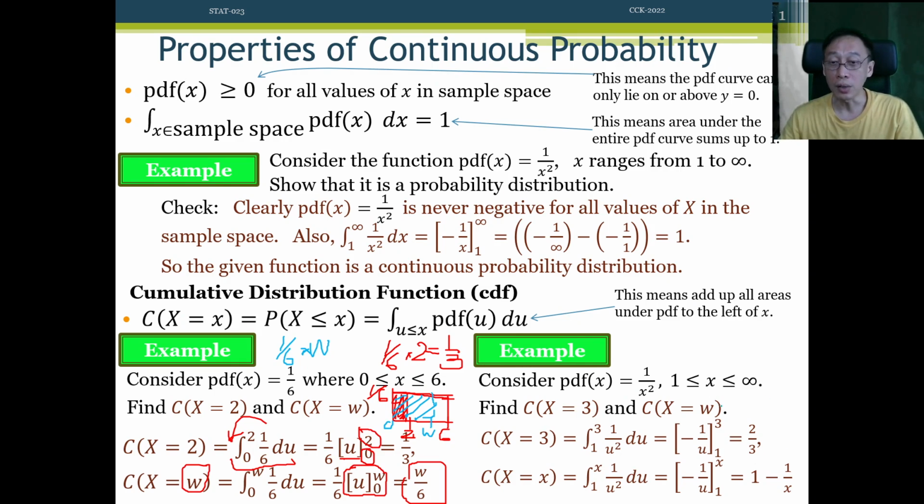But in general cases where the PDF gets a little bit more complicated or even segmented, like from 1 to 50 it is 1 over x squared, and from 50 onwards it is 1 over x cubed, then you don't really have ready formulas to apply, and so you have to use integration in general. Still, that is just looking up the integration table, and it's really nothing so complicated to worry about.